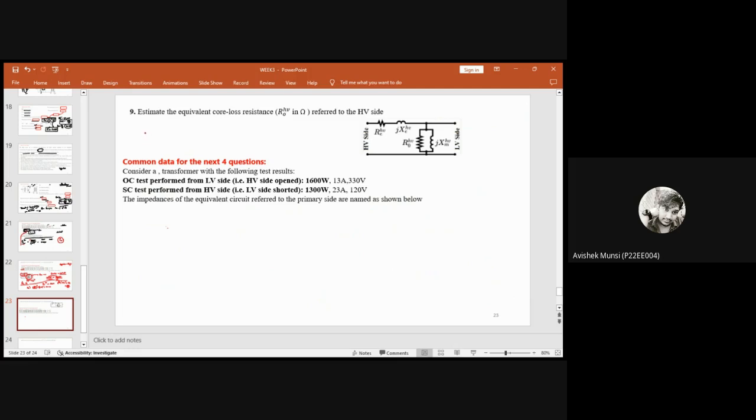How much is it to calculate? So it is around 4400. Okay. So you have to calculate it in the HV side, not in the LV side. Okay. First calculate it in the LV side, then convert it. This is more easier. Okay.